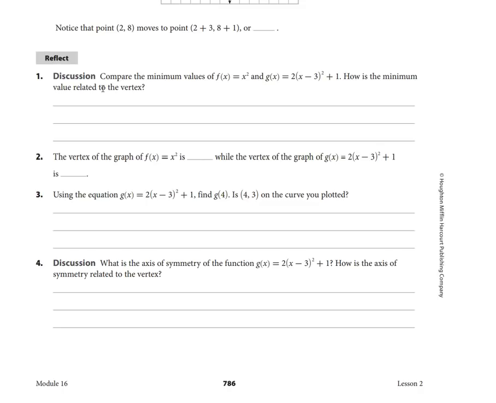Okay. So the vertex of the graph f of x equals x squared is 0, 0. And the vertex of g of x equals 2 times x minus 3 squared plus 1 is at 3, 1.